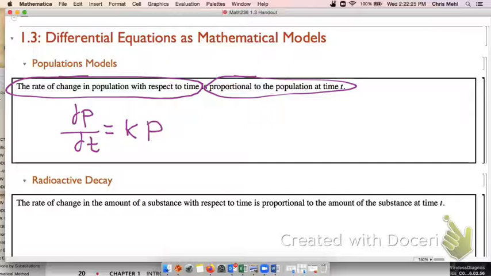So in this particular situation, if you have a population model where the rate of change in population is proportional to the population, which is generally true for many populations, and this is where, of course, k is a constant.